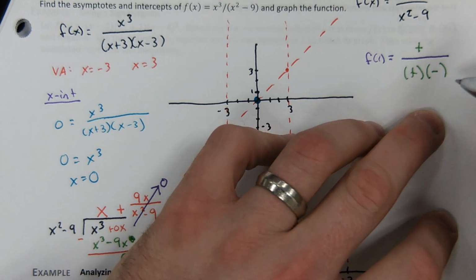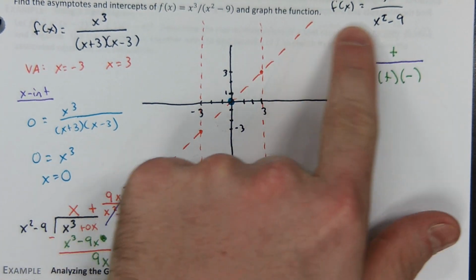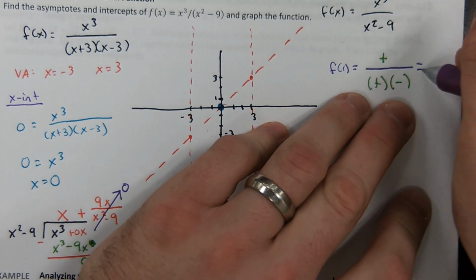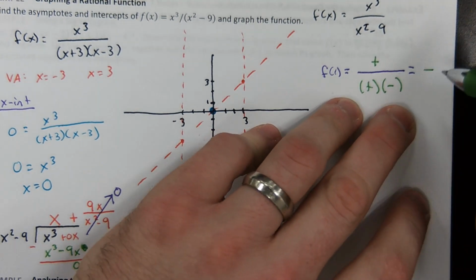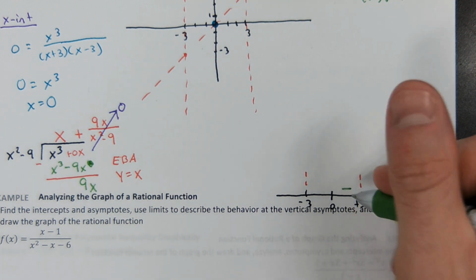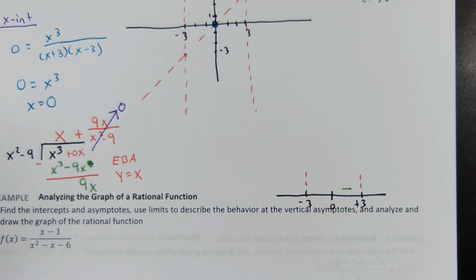Negative. The result will be a negative value. That means between 0 and 3, my graph has all negative y values. That means it's under the x-axis. Always plug into the factor form. Makes your life easy.